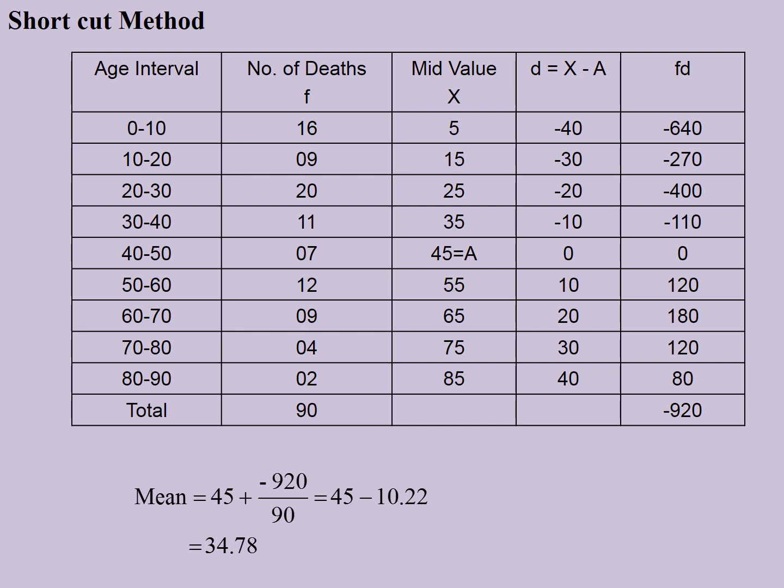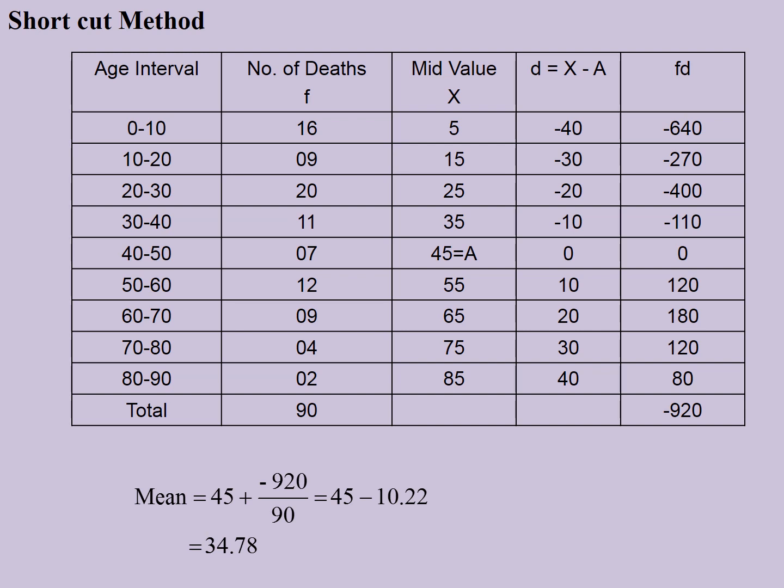After that you have to assume one x value in the third column. You have assumed 45 as the age at the time of death. In the fourth column you have to find the difference of the observations from these assumed values.